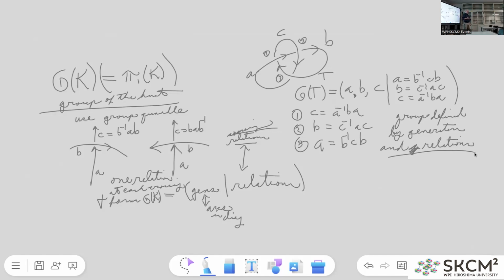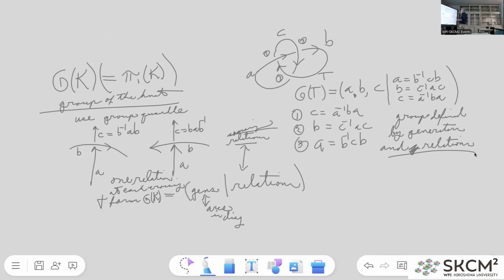You may not have thought of either of these constructions before. This is one of the intellectually simplest ways to make a group. I tell you what the generators of the group are, and I tell you what the basic relations are in the group. And then what this means is that you write down all possible group expressions.